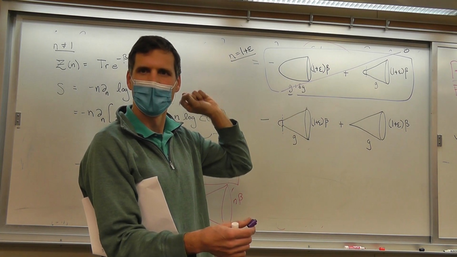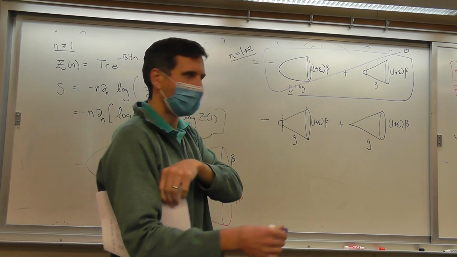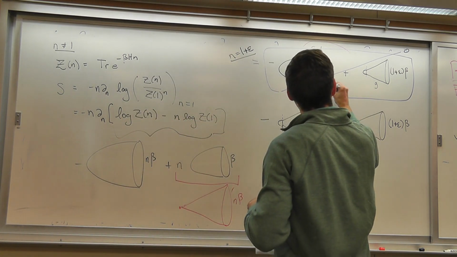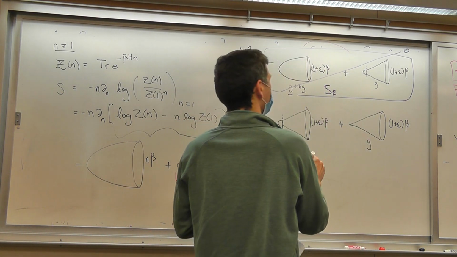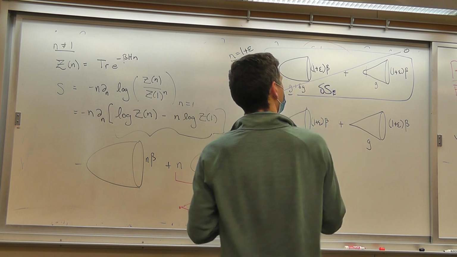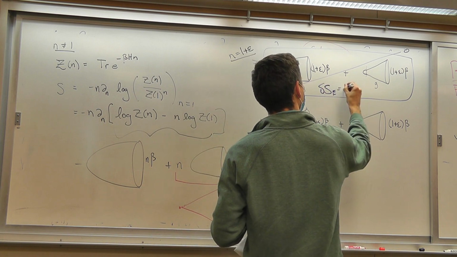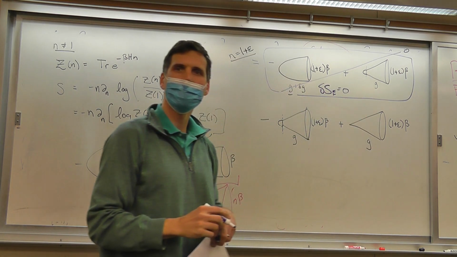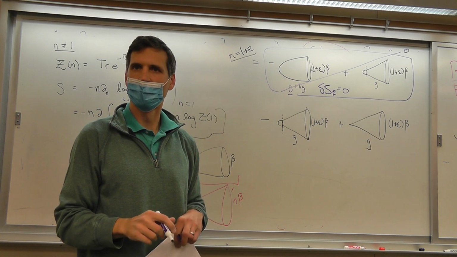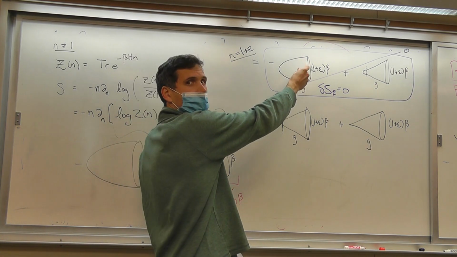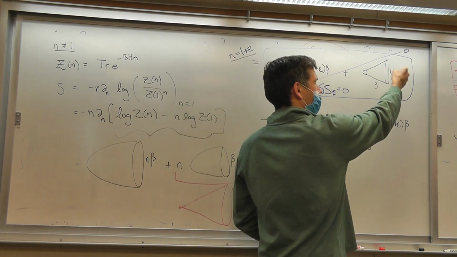Yes? I didn't understand the argument. So what I mean by these are Euclidean actions, and the variation of the Euclidean action is 0 when you vary around a solution. This one is a solution, and that's a variation of it.